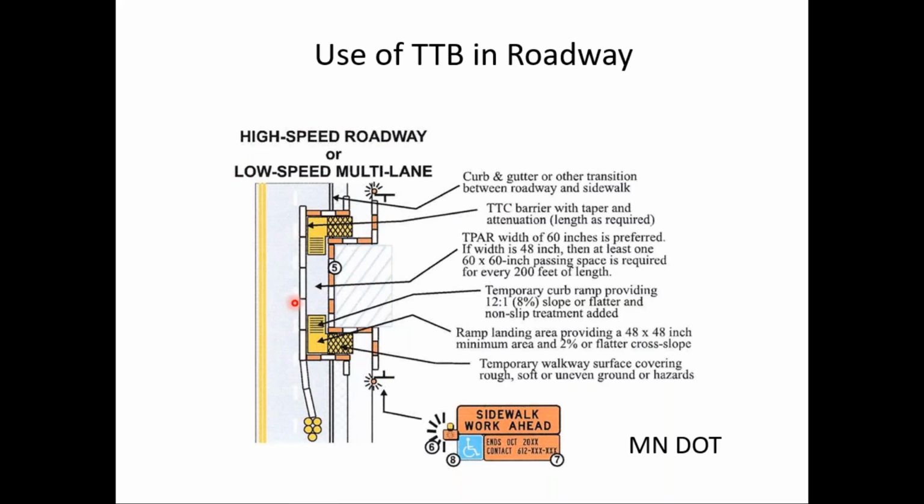So we want positive protection between the pedestrian path and the vehicular path or the roadway. So it looks similar as before, but a different kind of roadway environment, high speed, high volume, and so we use the temporary traffic barriers. And of course, that's going to be an engineering decision based on the specifics of the project and of the roadway, but those would be the two alternatives that would be considered.